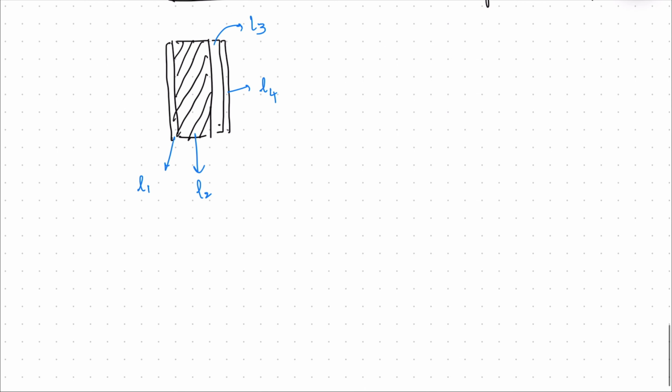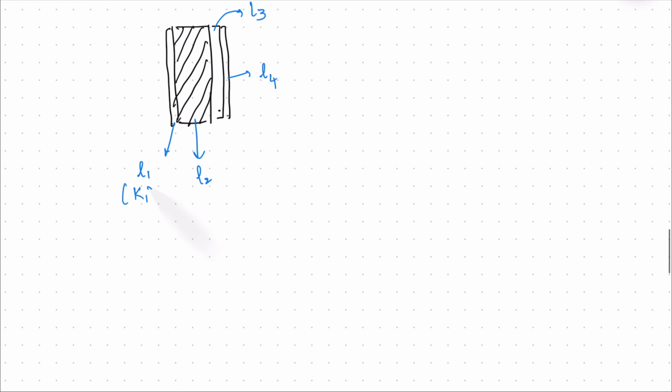Let's consider the thickness of this to be L1, this to be L2, L3, and lastly L4. And let's consider the thermal conductivity of each material to be K1, K2, K3, and K4. So what would be the U value of this building component?